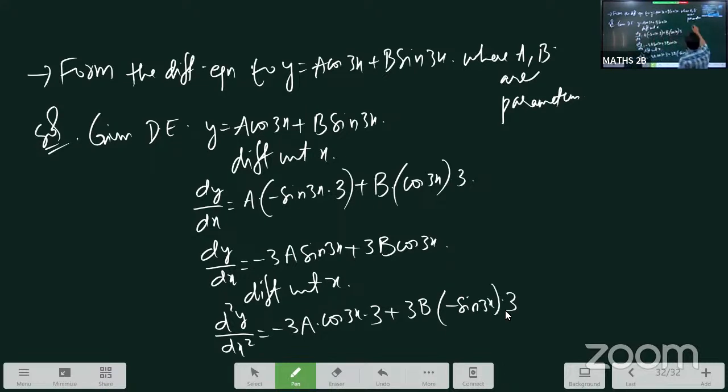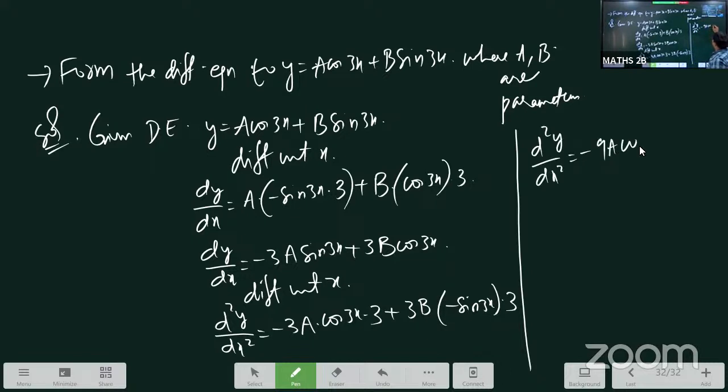That is nothing but d square y by dx square equal to minus 9A cos 3x minus 9B sin 3x minus 9A cos 3x minus 9B sin 3x. You are going to take minus 9 common: A cos 3x plus B sin 3x.